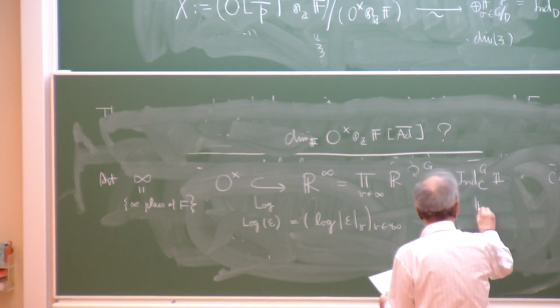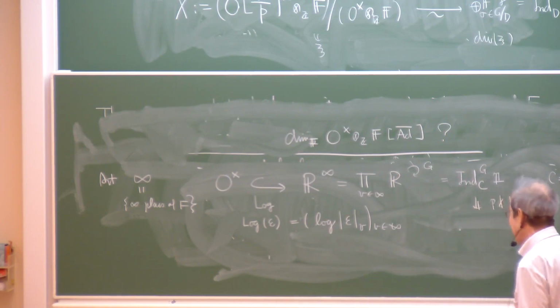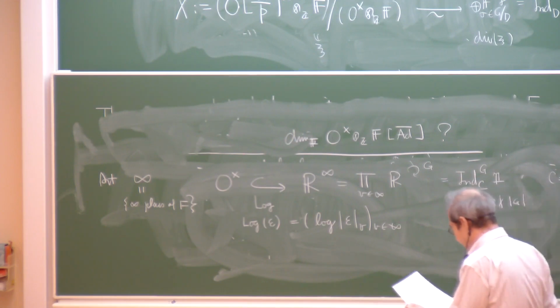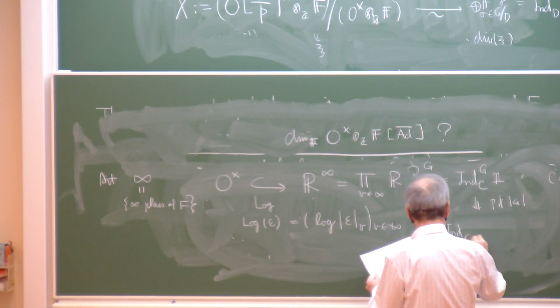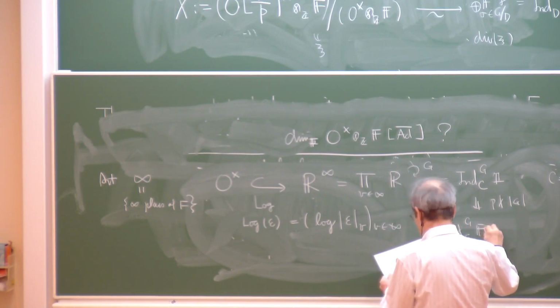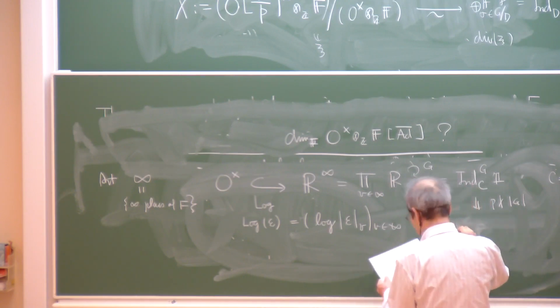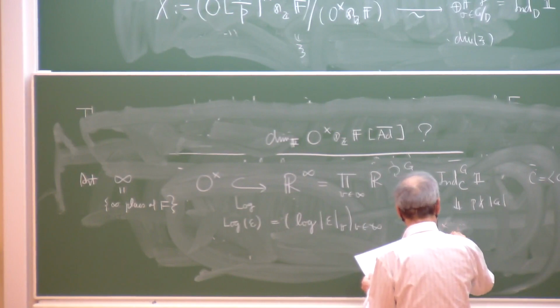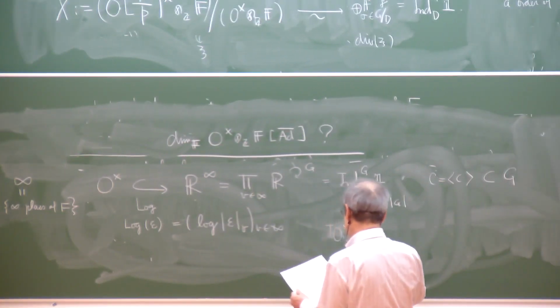So this implies, because P doesn't divide the order of G, under this condition, you get the first one step. You can descend this to Q, O cross tensor Q as a Galois module.